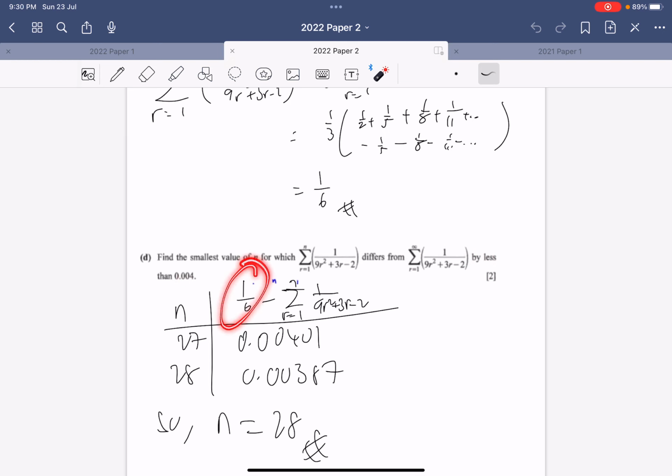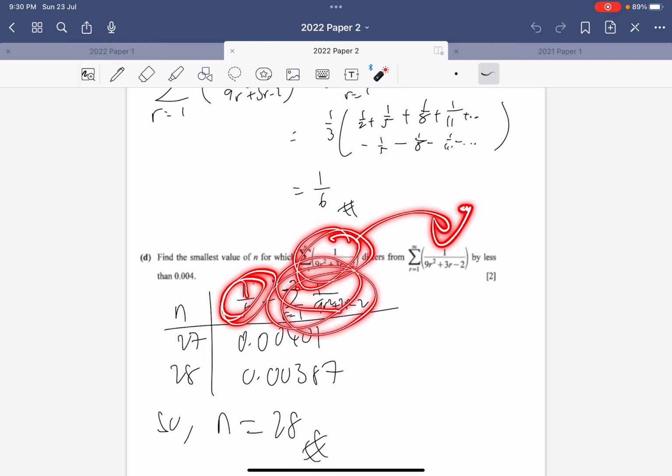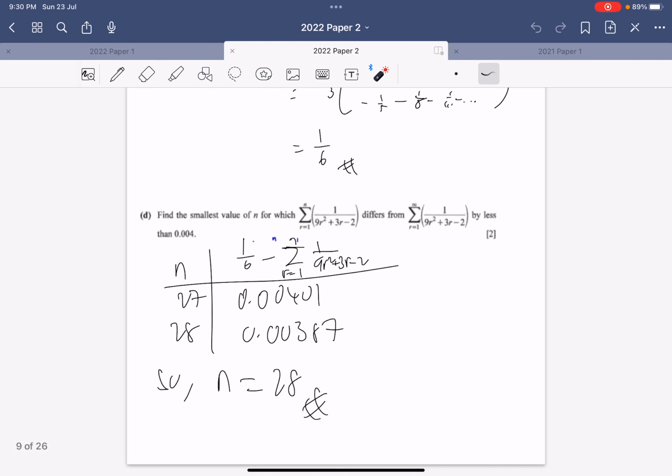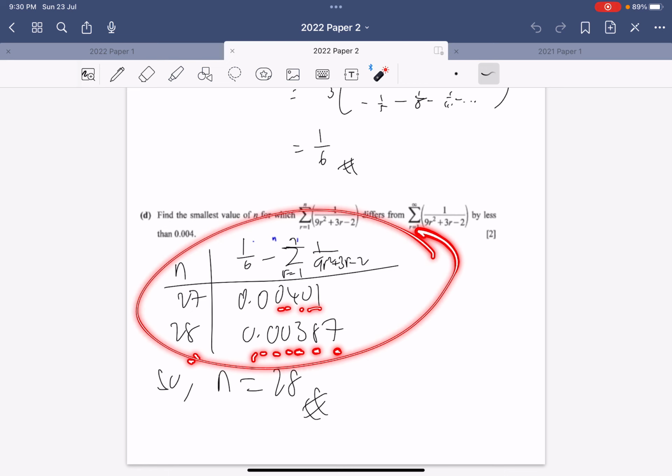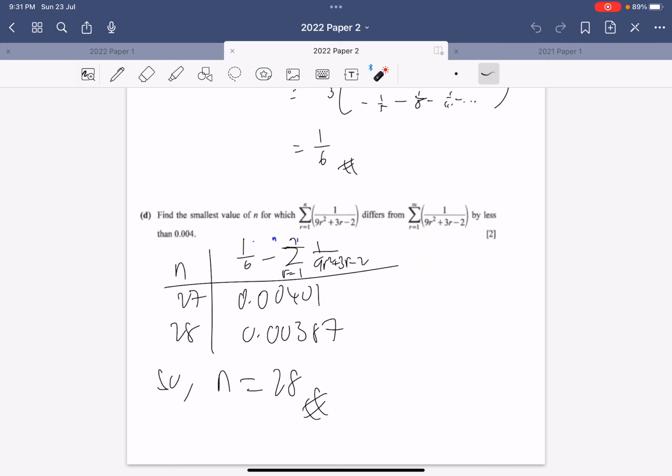So you just take 1 over 6, you minus away this term, and you take the modulus of it, or because you know this term will always be smaller than the infinite sum one, you just take 1 over 6 minus away that giant term, and then you let it run, and you see that 27 is 0.00401, and then 28 is 0.00387. You can use your GC to help you do this, so you got to remember to practice using your GC, and that shows that the smallest value of n will be 28.